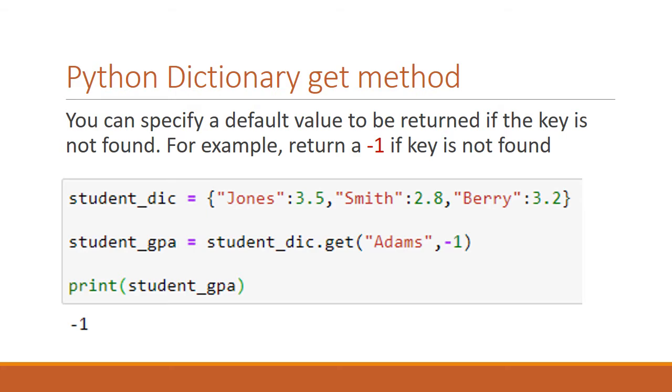So we're basically telling the get method, if atoms isn't in the dictionary, return a -1. So that -1 is assigned to student_GPA. And when we print out student_GPA, you can see that -1 is printed on the screen.